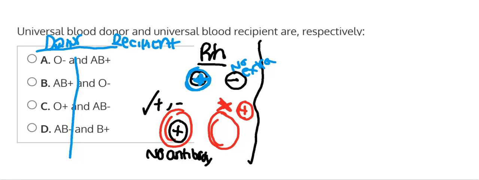There are antibodies here that fend off anything that's positive, so this negative cannot receive any positive blood. However, the negative could be given to someone else, because as we see here, this positive was able to receive positive or negative blood types. So we know that our universal donor has to have a negative in it. So either option A, where there's a negative here, or option D, we see there's a negative there.